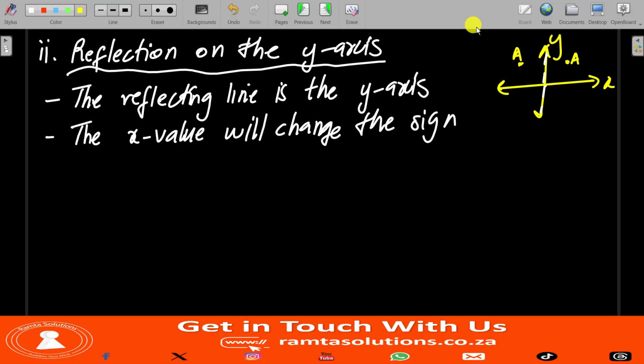And because this is a reflection, there should be equal distance between the original and the reflecting line, and the image and the reflecting line. As you can see here, the y value will remain the same, but the x value changes the sign.